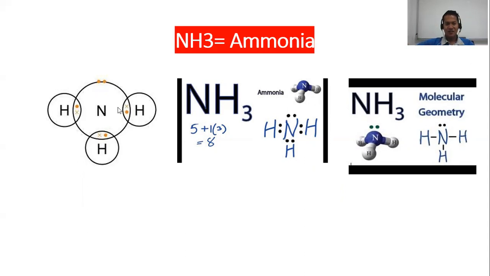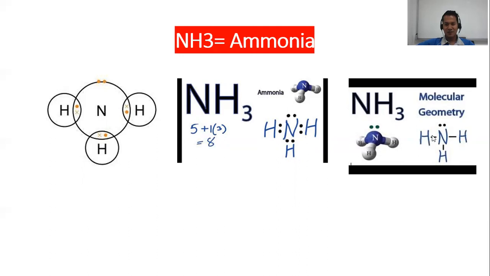That is why you have hydrogen all around nitrogen. Let's count it: 2, 4, 6, 8. So it's going to look like that. That's the computation of the electrons, and this is the dot diagram.